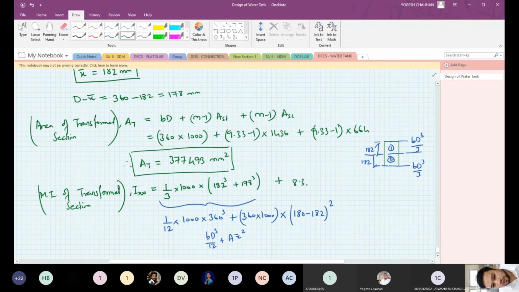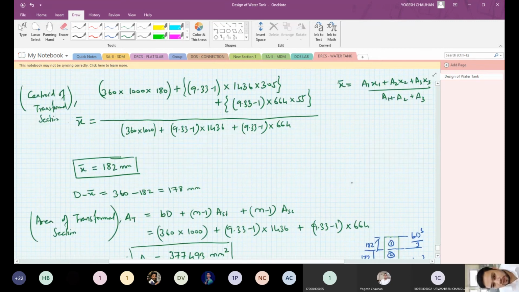So 8.33 into area of the steel 1436 and its lever arm distance is 305 square.